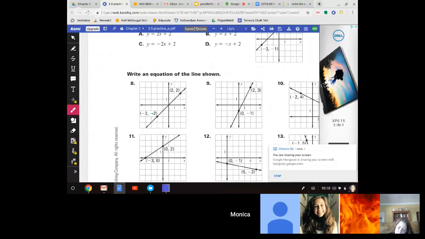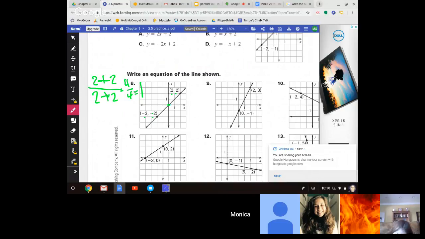So we can calculate the slope on this by saying 2 minus a minus 2, which is 2 plus 2, because that's your y2 minus y1, over x2, which is 2, minus x1. So again, 2 minus a minus 2, so 2 plus 2. So your slope equals 4 over 4, which equals 1.